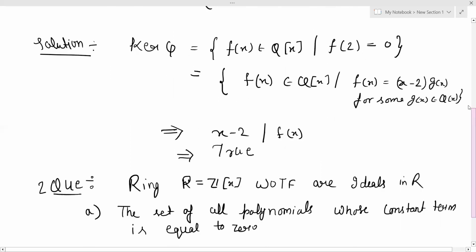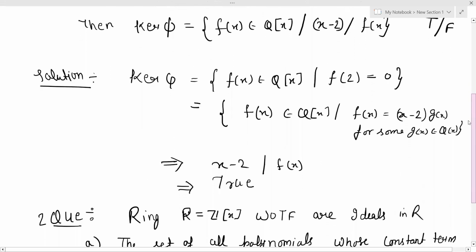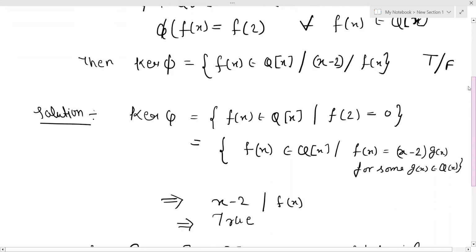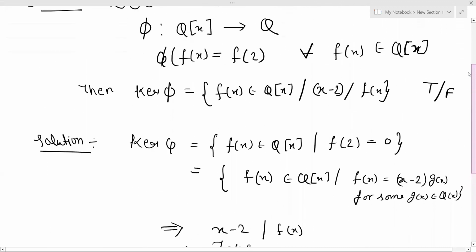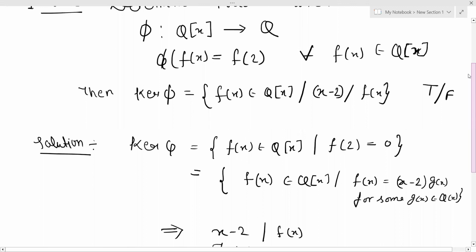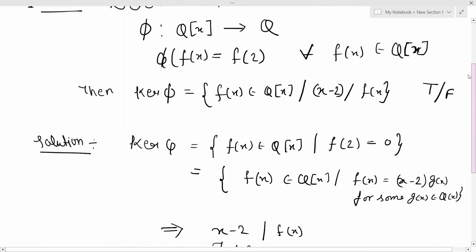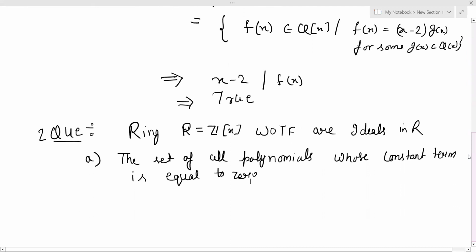Then you can see this is the same map. If you define phi mapping Z[x] to Z such that phi of f(x) goes to f(0), then you can see the kernel phi is precisely the polynomials f(x) such that x divides f(x), and then you can see that this is an ideal. So this one is a true statement.